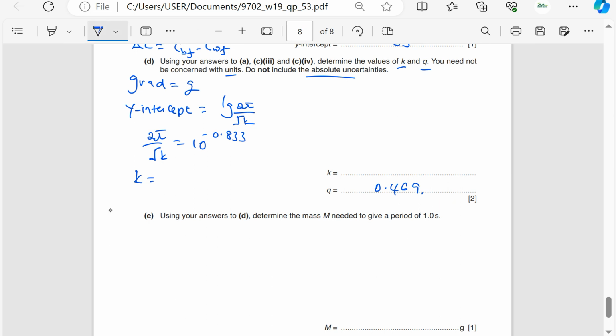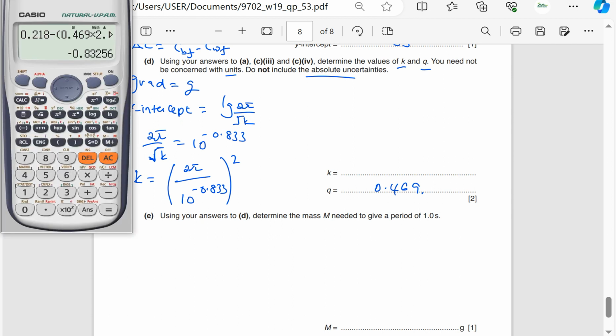K is going to be equal to the square of 2 pi divided by 10 power negative 0.833. I made K the subject here. Cross multiply, divide both sides, then remove the square root by squaring.